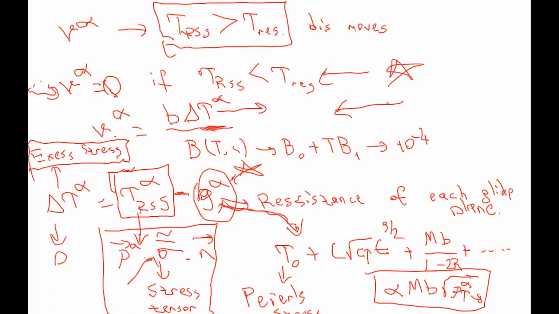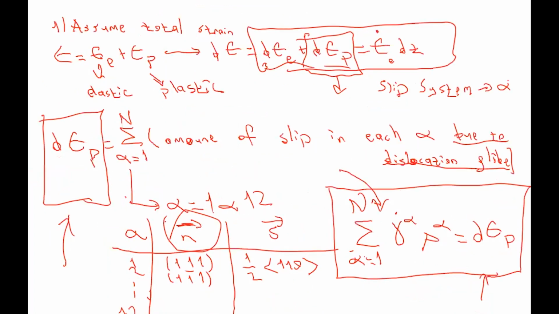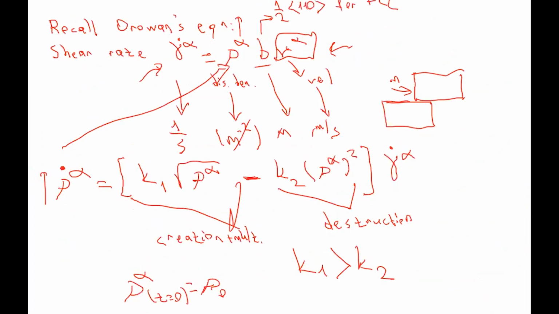And you can calculate your RSS from this formula. Once it is 0, then your velocity is 0. If your velocity is 0, then basically your shear rate is 0.